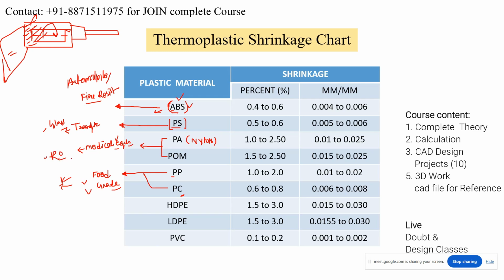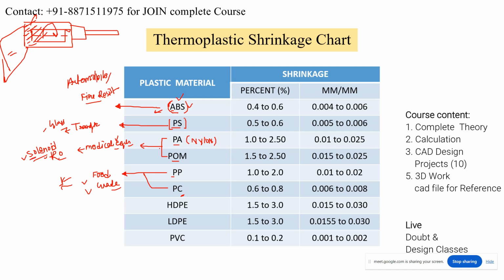So for preparing the component of that RO, you have to use PA or POM material. PA or POM material for preparing the solenoid valve. What is the meaning of solenoid? Solenoid is used for controlling the water flow, right?